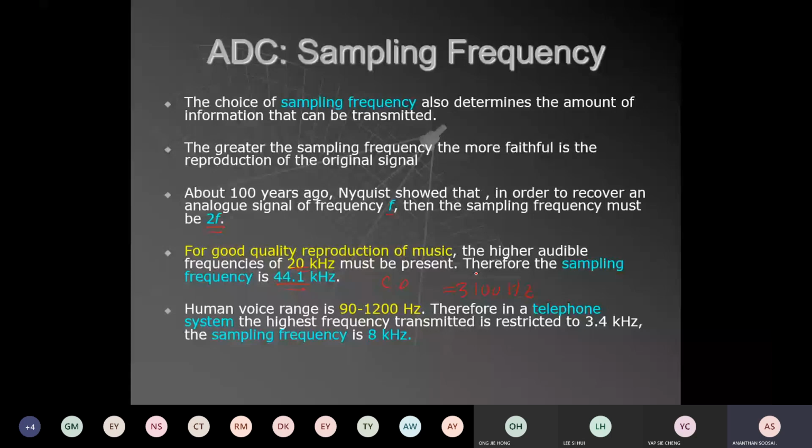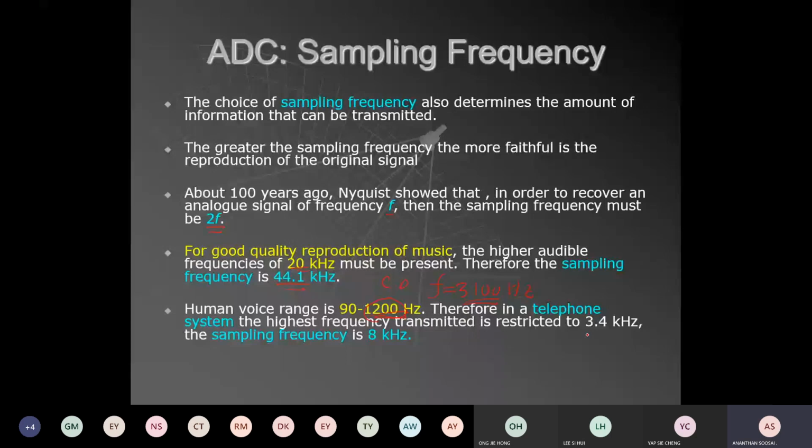But ordinary people, when they talk to someone on the phone, not singing but just speaking, normally go up to 1200 hertz. So the maximum frequency of the sound could be 1200 hertz, and the sampling frequency would be 1200 times 2, which is 2400.